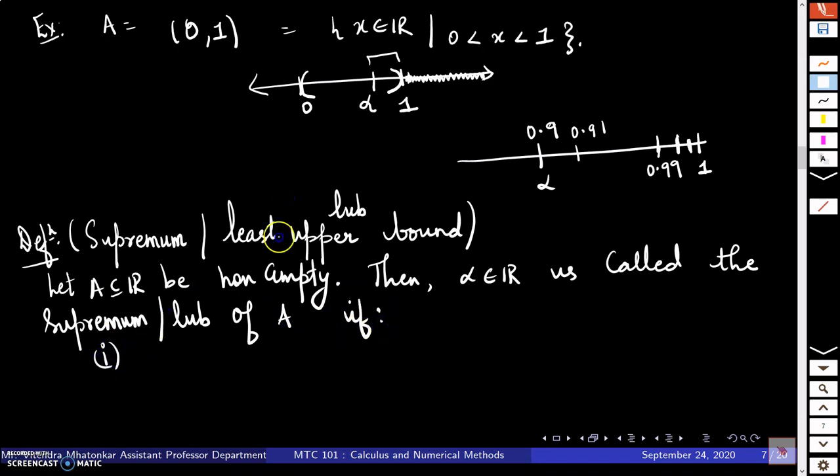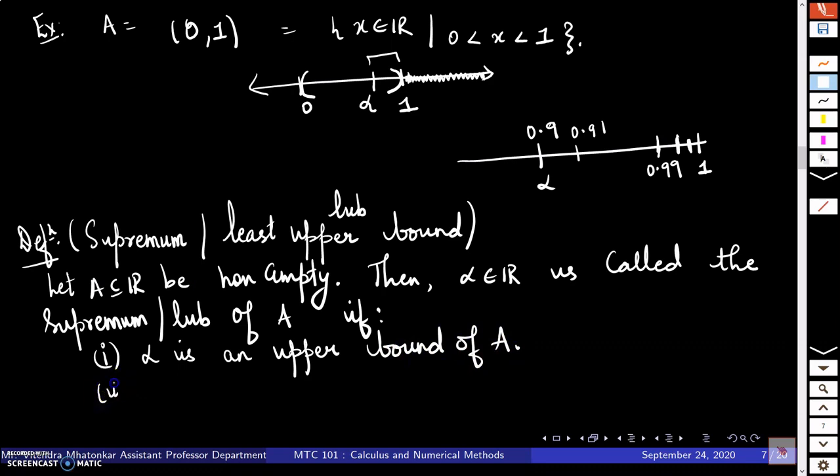When I say least upper bound, from the word itself it is clear that the number has to be an upper bound first, and it has to be the least of all the upper bounds. So the first condition for alpha to be called a supremum or the least upper bound of A is that alpha is an upper bound of A. Alpha must be an upper bound of A.